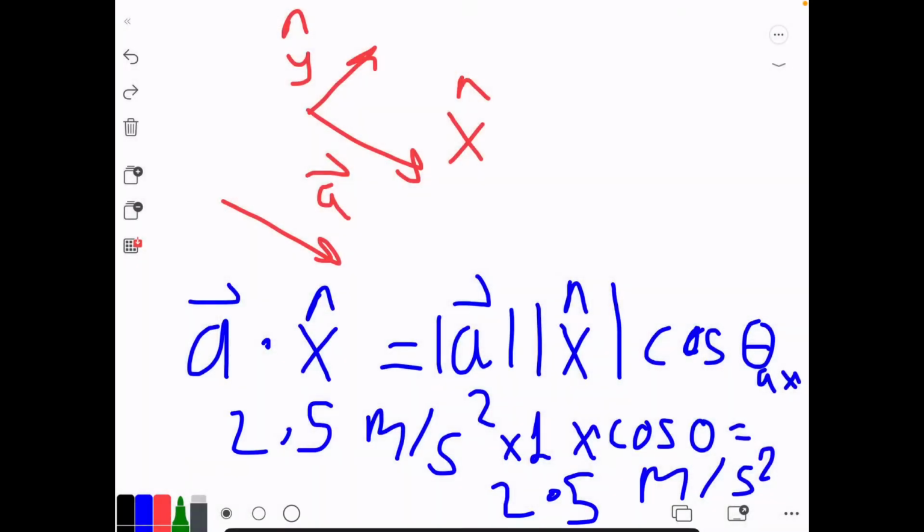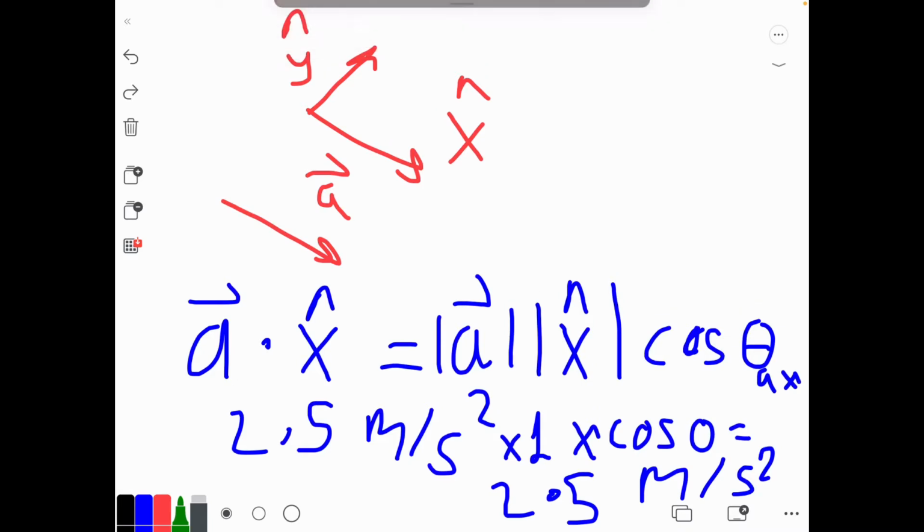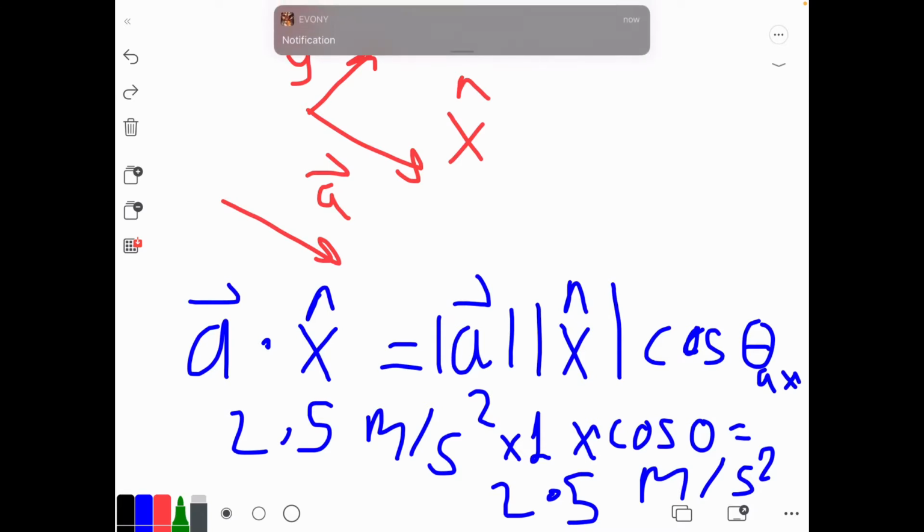Now let's try Nancy's one. Nancy's one is not going to be that difficult, because x hat is going to be in the same direction that we had for vector A. So we have vector A and x hat put on each other, and the cosine between them is going to be 0 degrees. We're not going to use the 15 anymore, because we don't have a 15 degree angle between them.